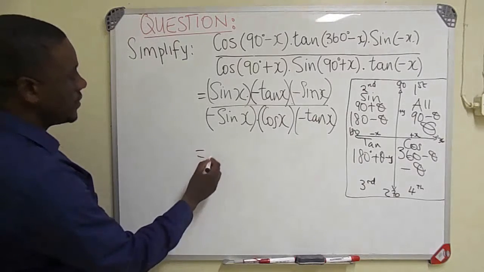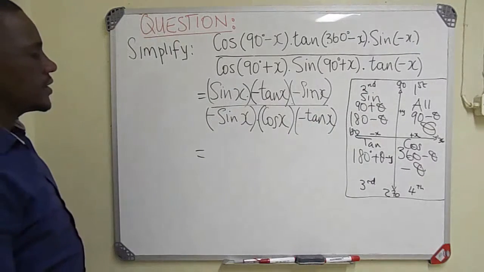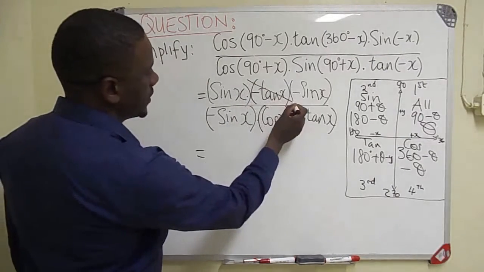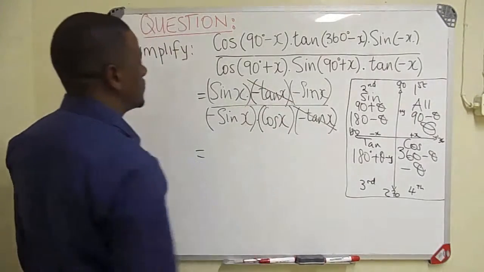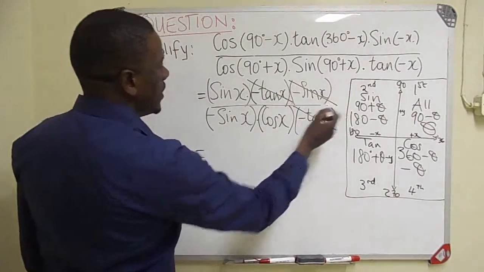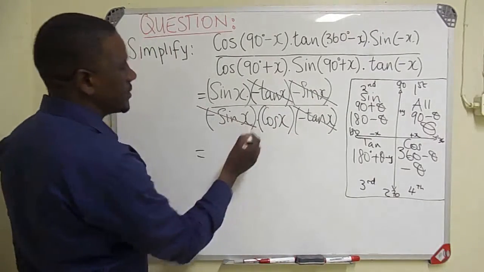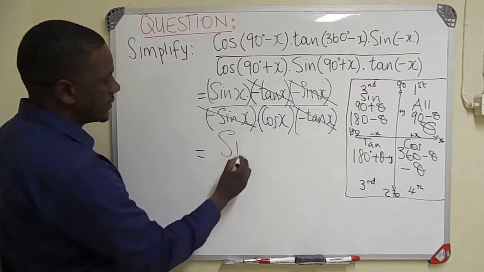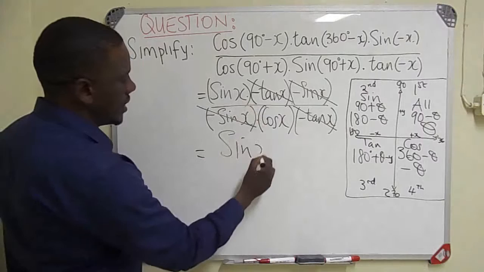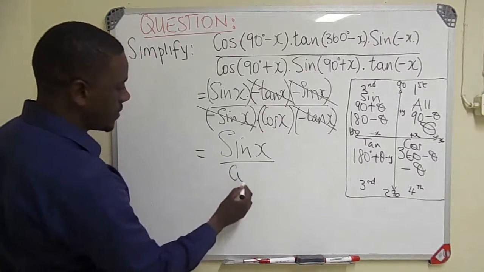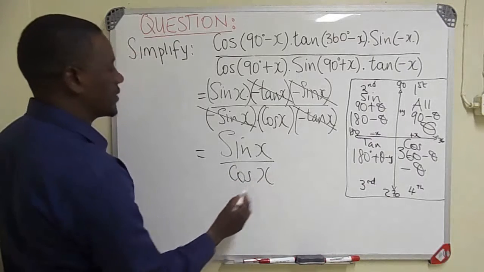So from our expression, we can see that we have a negative tan and a negative tan. We have a negative sign and a negative sign. So what we are left with is sine x on the numerator, and on the denominator we are left with cos x.